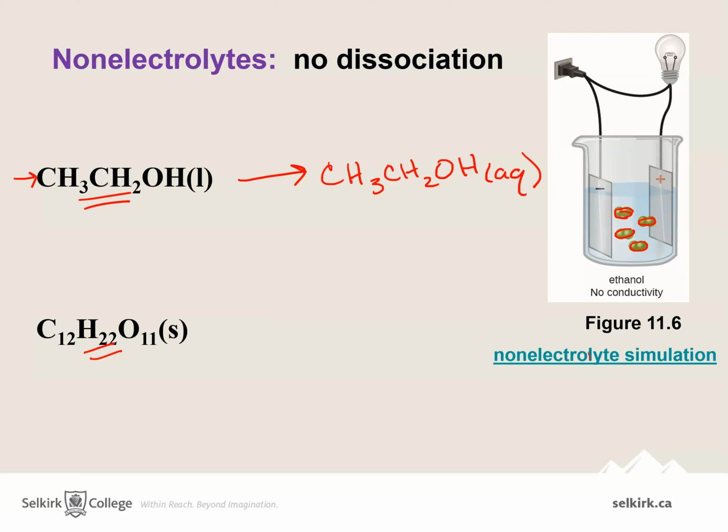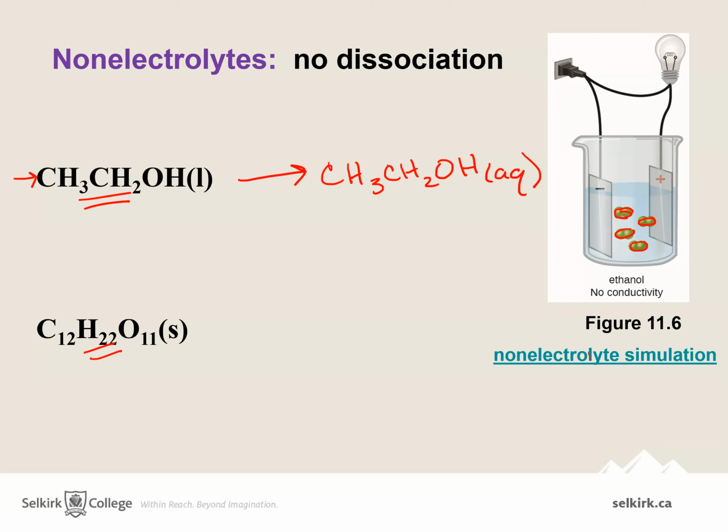On to my last example here. I don't need you to know this, but I would tell you if you needed to know this, that C12H22O11 is the formula for sucrose or table sugar. And you don't even have to know that to be able to write an equation for what happens when that dissolves in water.